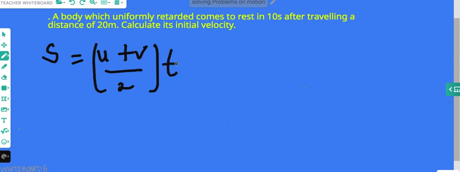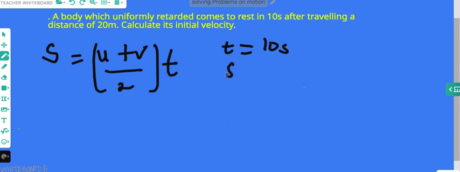Why this formula? Because this formula contains no acceleration, and we don't have acceleration in the question. If we write our parameters out, we have time, which is 10 seconds.